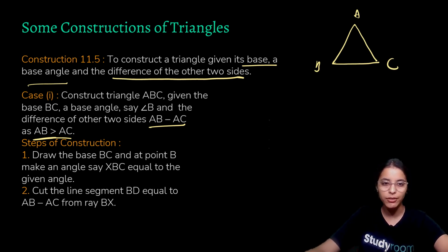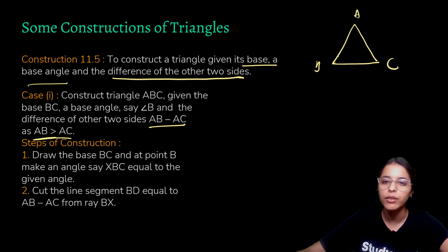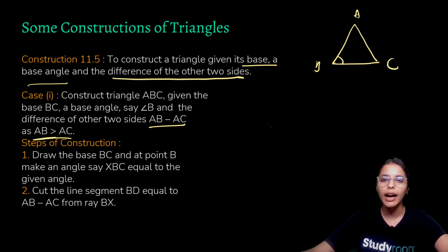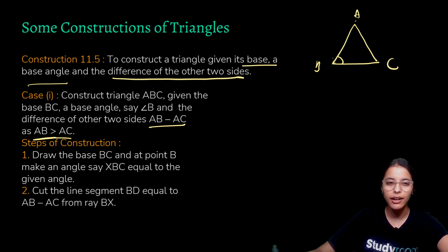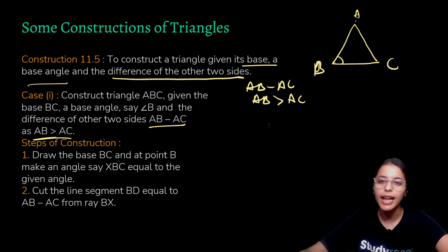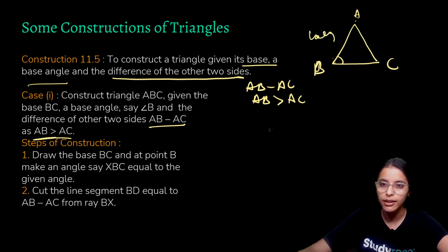This is our BC that was given, that is our base, and then we were given our angle B. Now the angle B is between AB and AC, and in this case our AB minus AC is given. That would mean AB is greater than AC. So in this case, our B lies between the larger side and the smaller side.